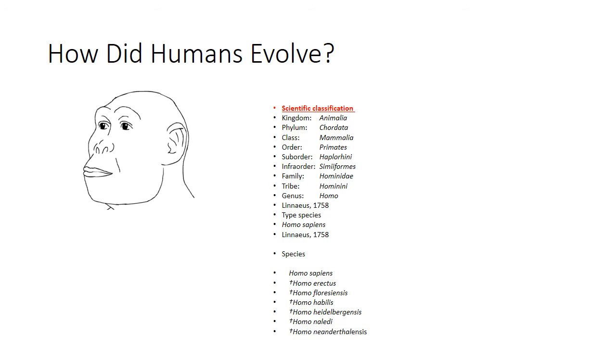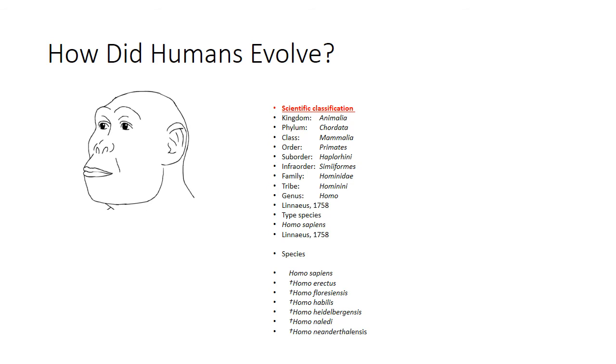Simia in Latin is monkey. So not all primates are monkeys. There are lemurs, for example, right, which are also primates, but they're not monkeys. But there are monkeys, or infraorder Simiformes in Latin.